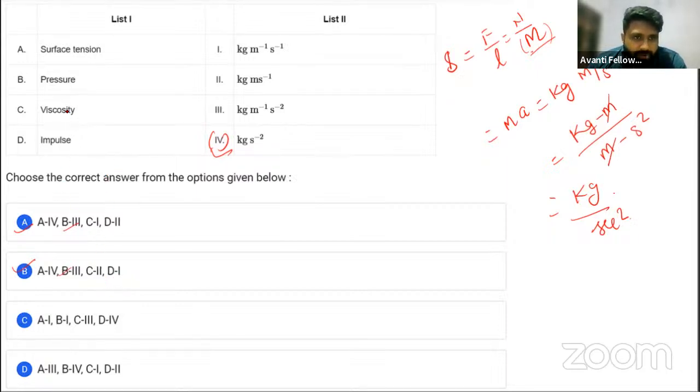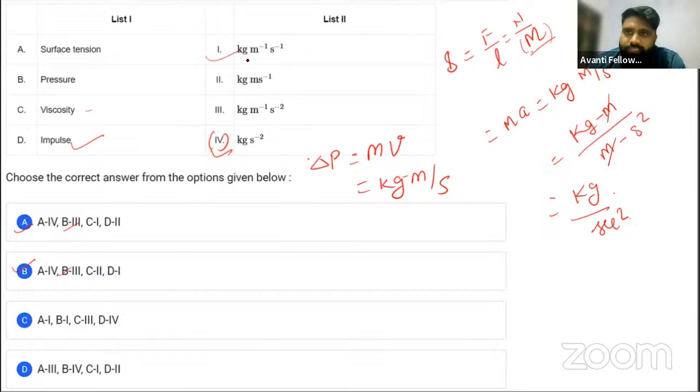If I talk about C or D, D is impulse. Instead of viscosity, impulse is easier for us. Impulse is nothing but change of momentum, so it is mass into velocity. Mass is kilogram, velocity is meter per second, so it is kilogram meter per second. C should have kilogram meter per second as the first option.